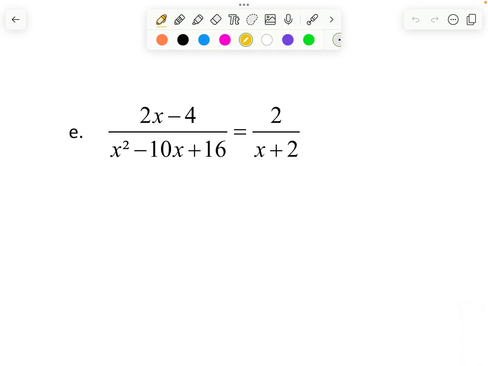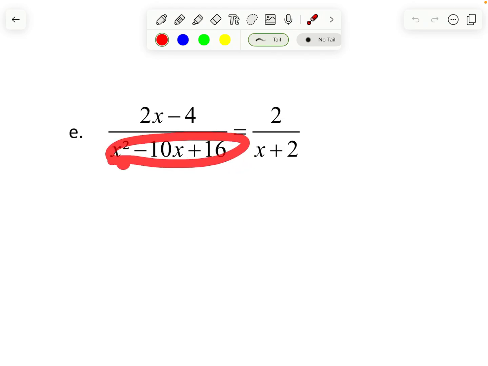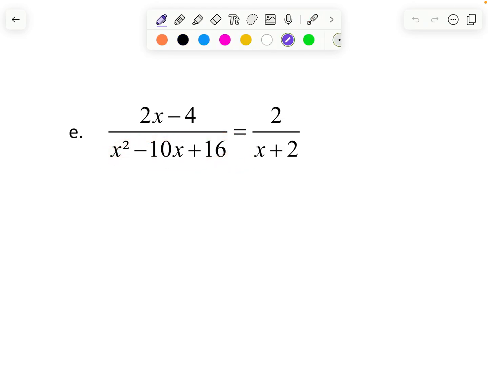On E, now this one's slightly trickier because this is not factored yet. So factor this, figure out what the denominator should be. I'm also going to factor the numerator. Well, I'm not going to factor the numerator yet. You can, but to see if common factors cancel.